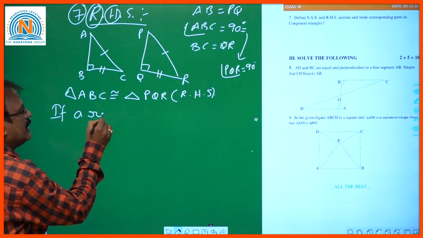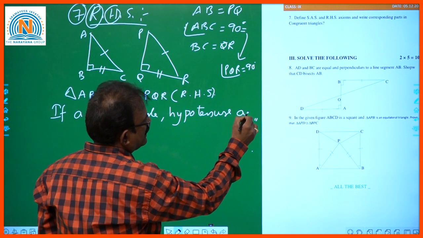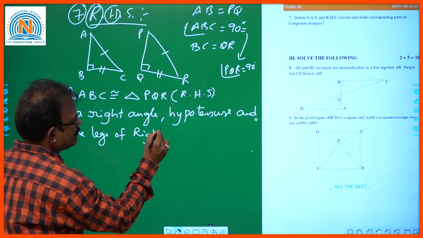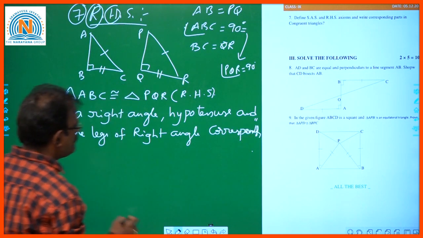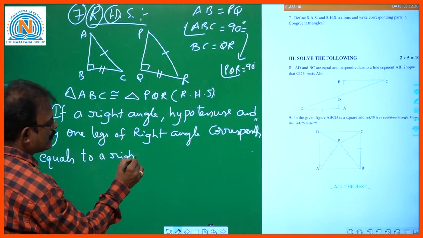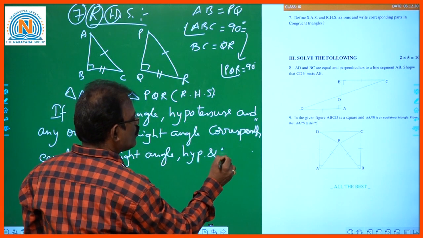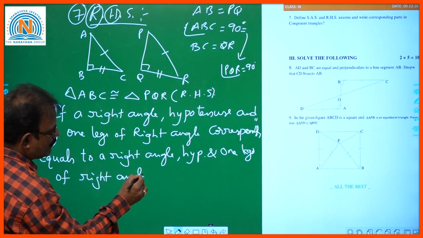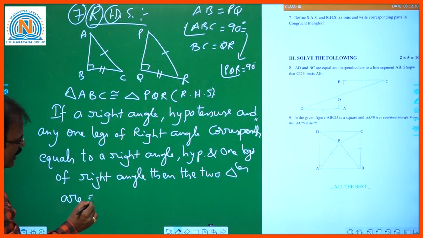If a right angle, hypotenuse and any one leg of right angle of one triangle are respectively equal to a right angle, hypotenuse and one leg of right angle of another triangle, then the two triangles are congruent.